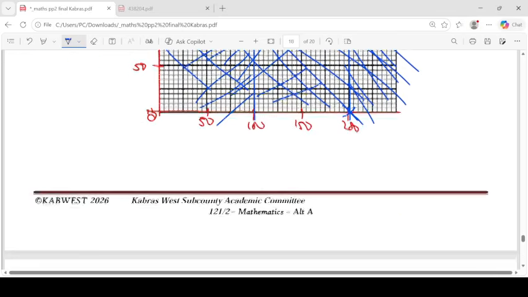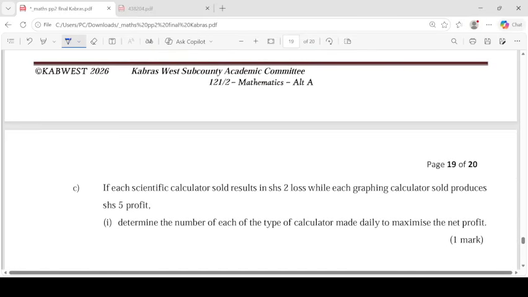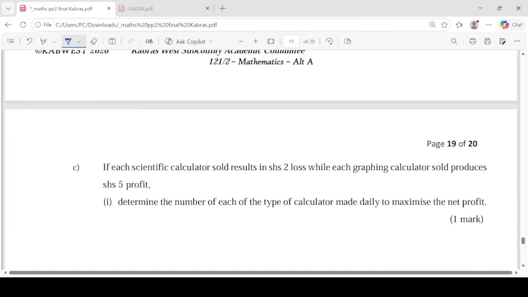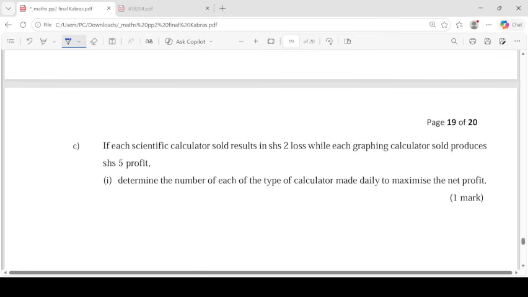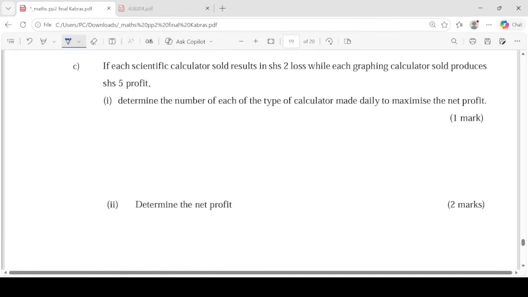The next question is, if each scientific calculator sold is 2 shillings loss, while each graphic calculator sold produces a 5 shillings profit, determine the number of each type of calculator made daily to maximize the profit.